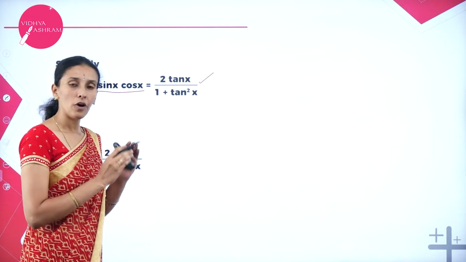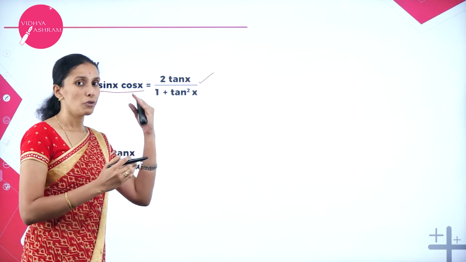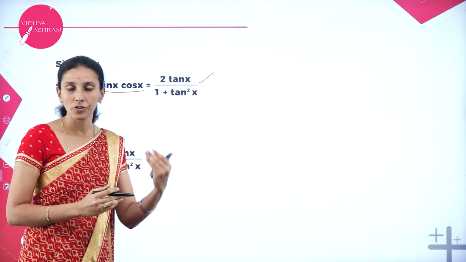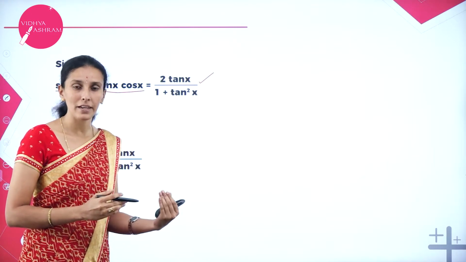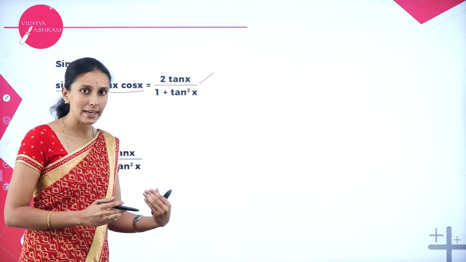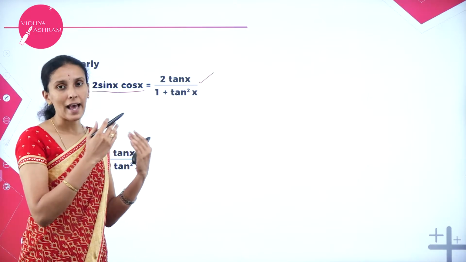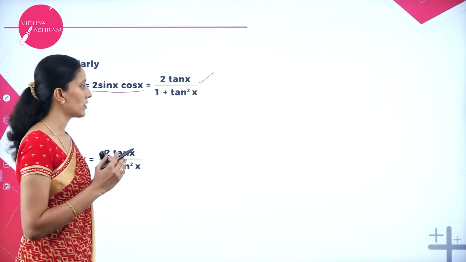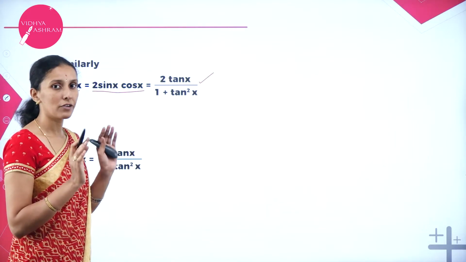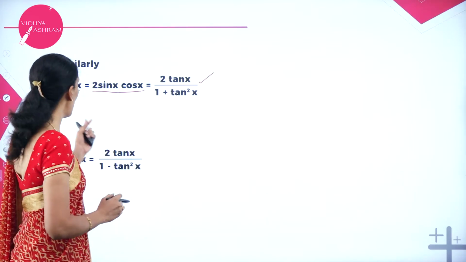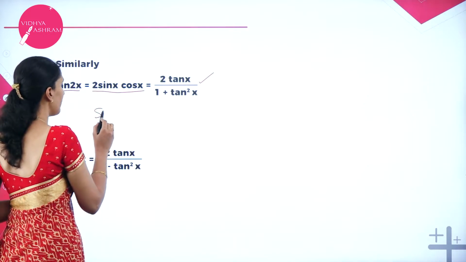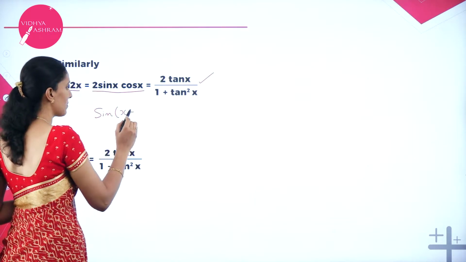We know the formula of sin x plus y. So you should learn all the sum and difference formulas: cos x plus y, cos x minus y, sin x plus y, sin x minus y. Similarly for tan. Cot is not so necessary, so just remember it for the sake of your knowledge. Now, sine 2x. We know the formula of sine x plus y.